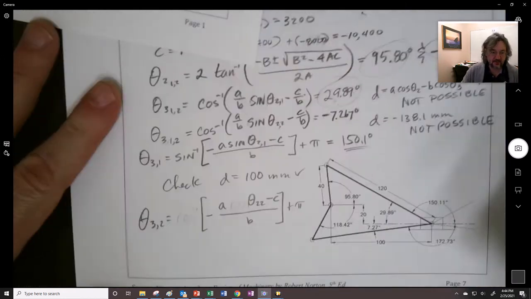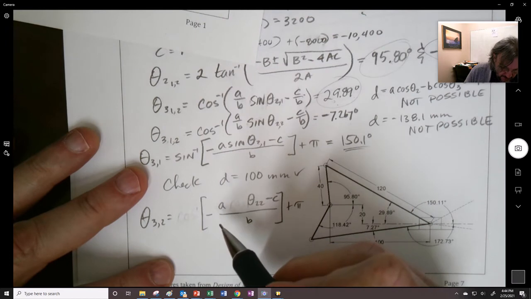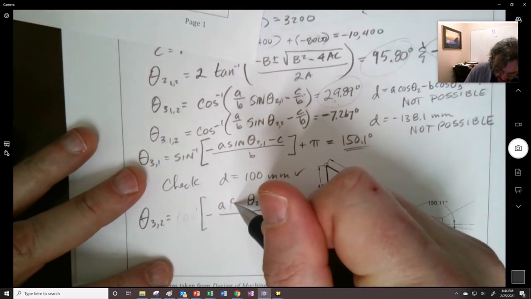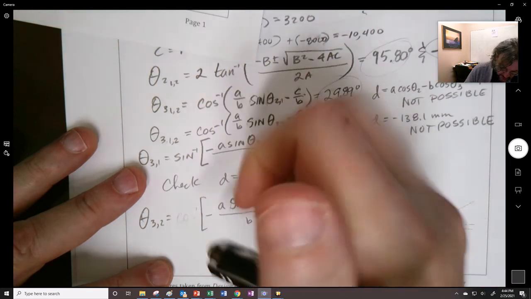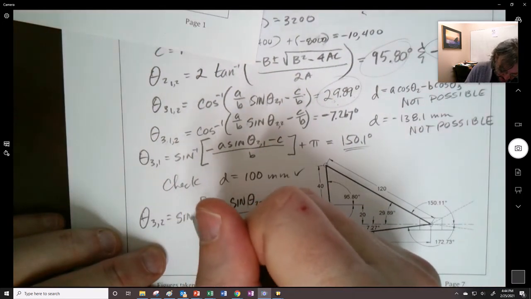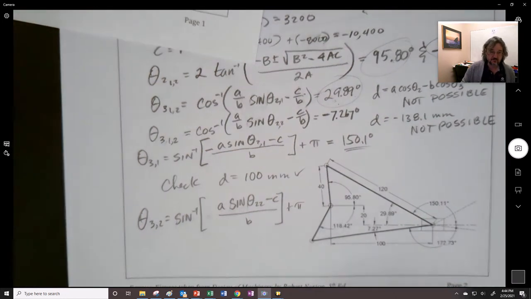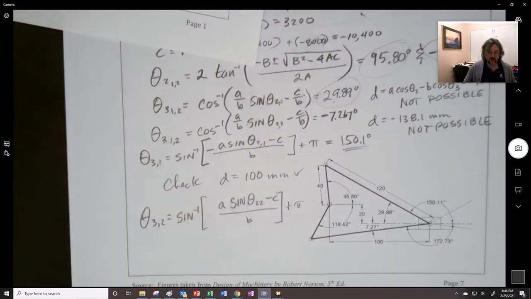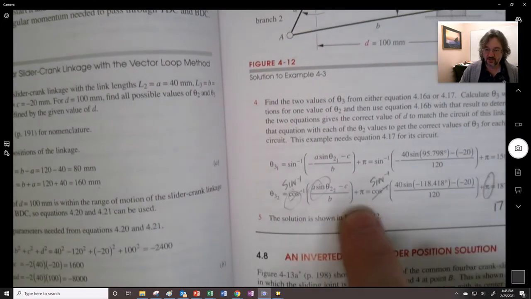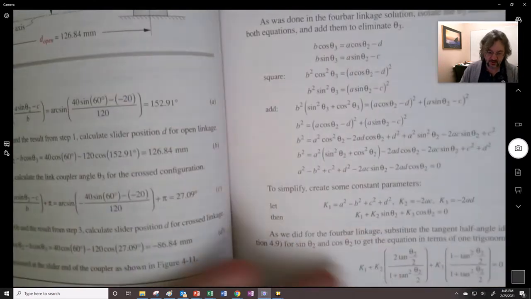Okay, so I identified what went wrong here. There's actually a mistake in the book. I'm pretty sure it's a mistake in the book. So the equation I should have used right here was the inverse sine right here in the positive. Let me show you where I'm getting this from in the book. I believe this to be a mistake right there.